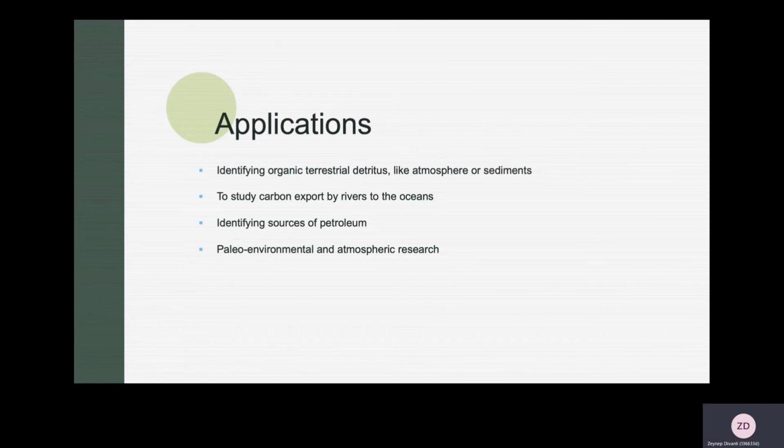I want to talk a little bit about applications of biomarker tracers. Because I'm mostly focusing on geochemistry and environmental studies, I wanted to focus on applications in those fields. Biomarker tracers are usually used for identifying organic terrestrial detritus like the atmosphere or sediments in oceans and other marine environments or sediments in terrestrial environments.